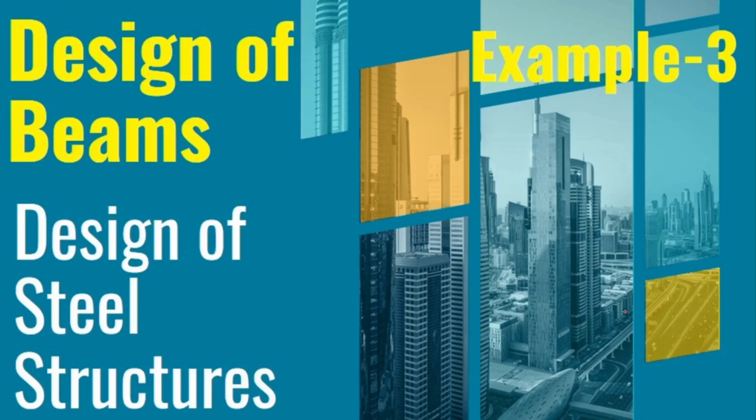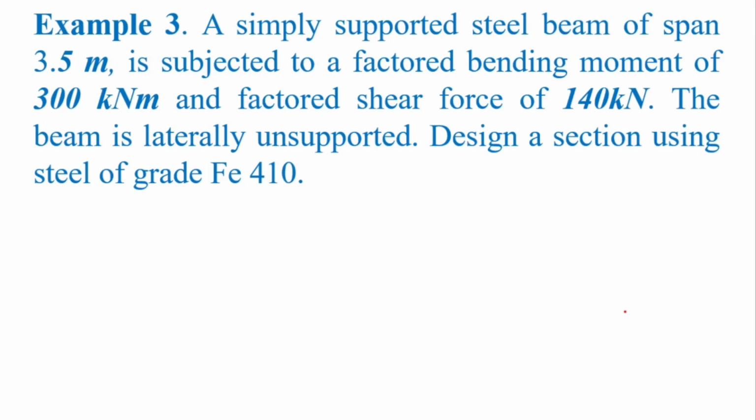In this lecture we are going to discuss the third example of beam design. Here we shall design a laterally unsupported steel beam. Let's see the example.